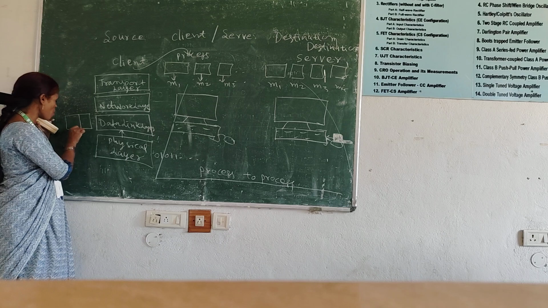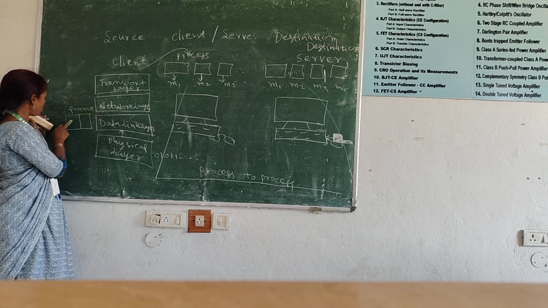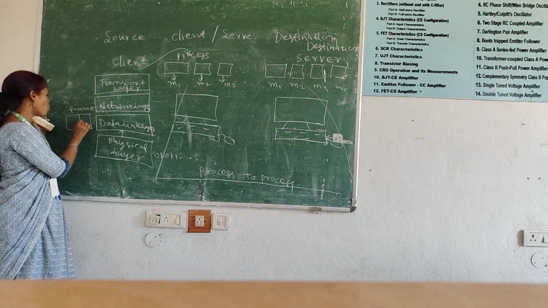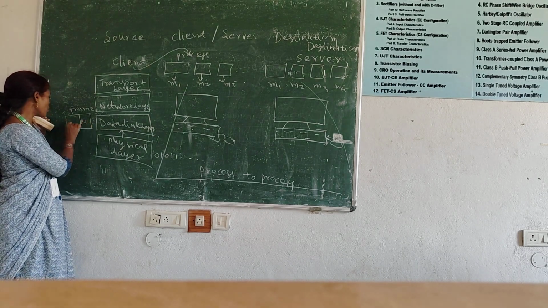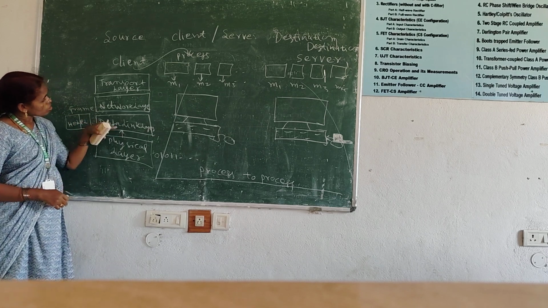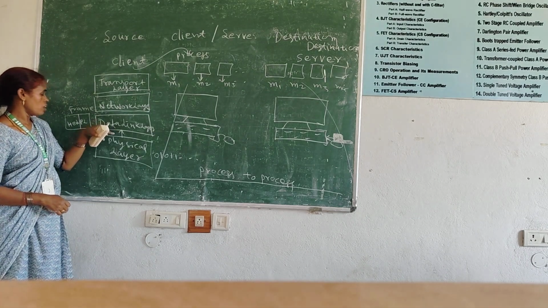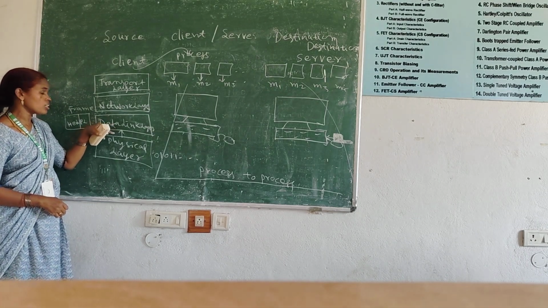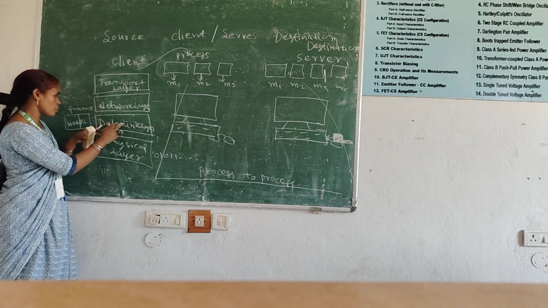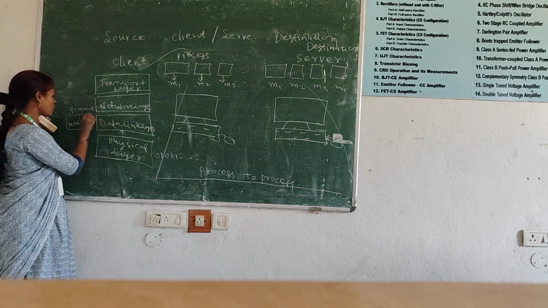The format of the frame is split into two parts: one is payload, another one is header. The main work of the data link layer is error control and flow control.